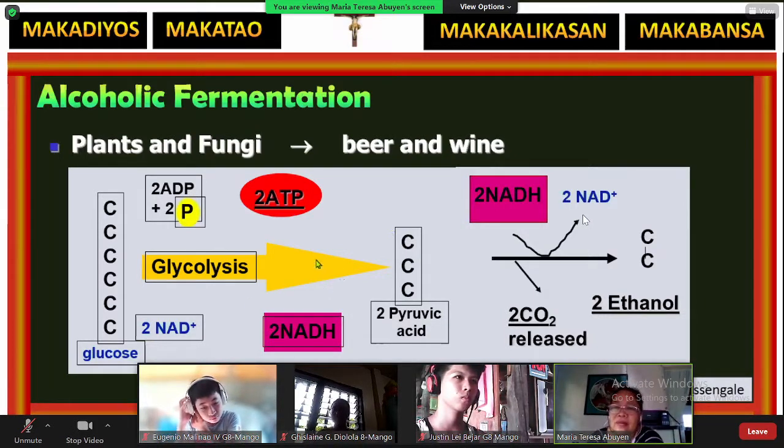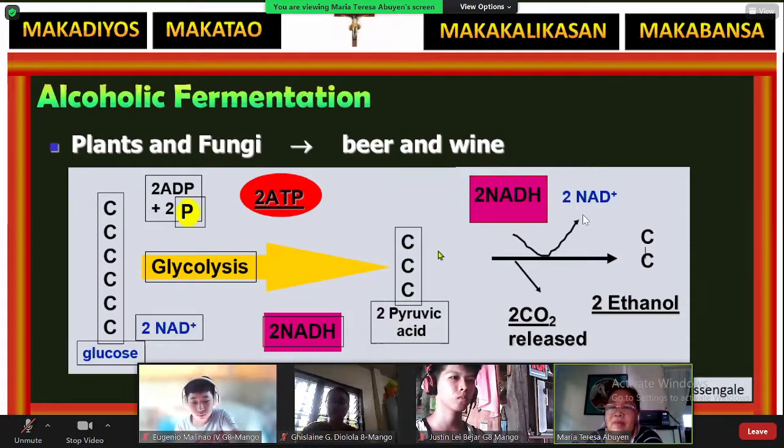Okay, now, these two molecules of pyruvic acid will undergo a series of chemical reactions. Here, the energy used will come from NADH.